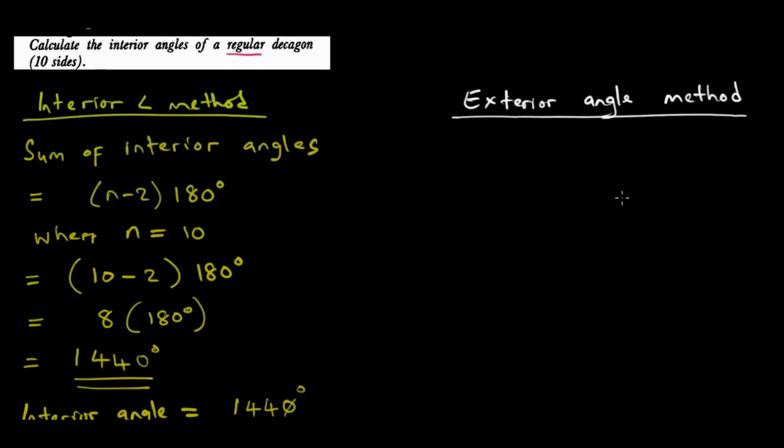So a decagon has 10 sides, 10 interior and 10 exterior angles. The 10 exterior angles add up to 360 degrees. It doesn't matter whether the shape has 100 sides or 3 sides, so long as they are exterior angles, they are going to add up to 360 degrees.